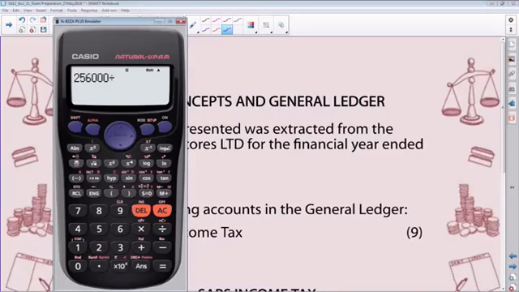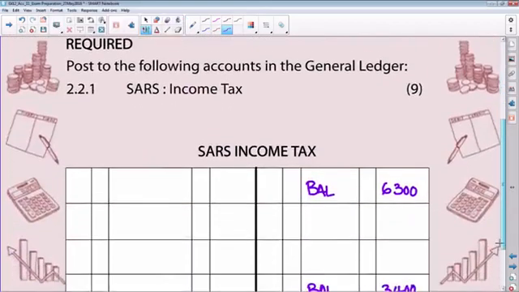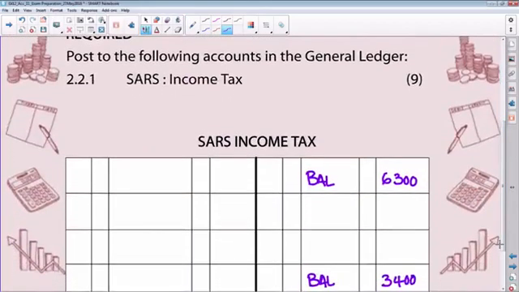Why? Because we've paid in 2 equal installments 128,000 Rand each. Okay, that means therefore that you've paid 128,000 and you've paid 128,000. Remember, in both of them, your contra entries would be bank because you've paid those amounts to SARS.